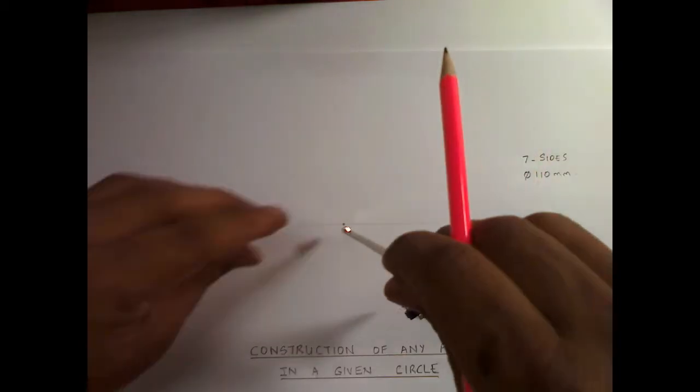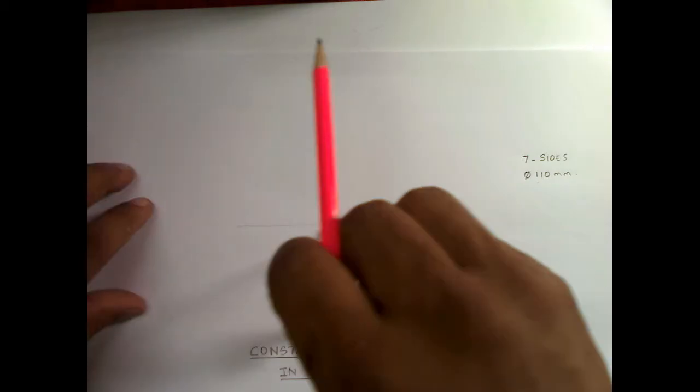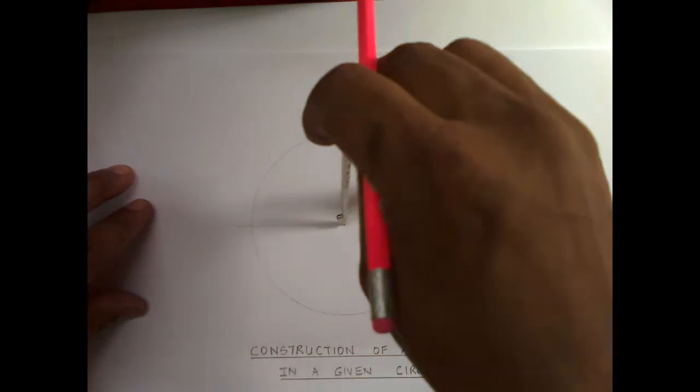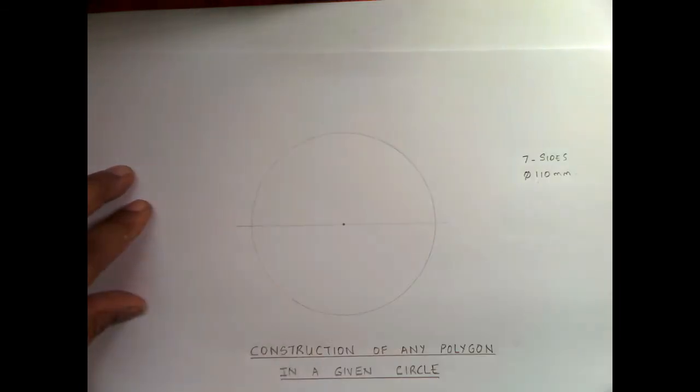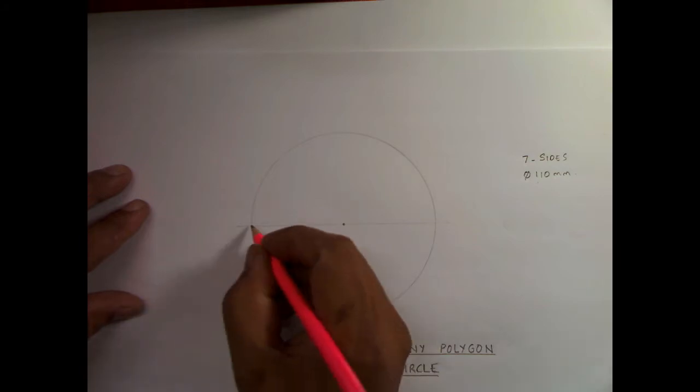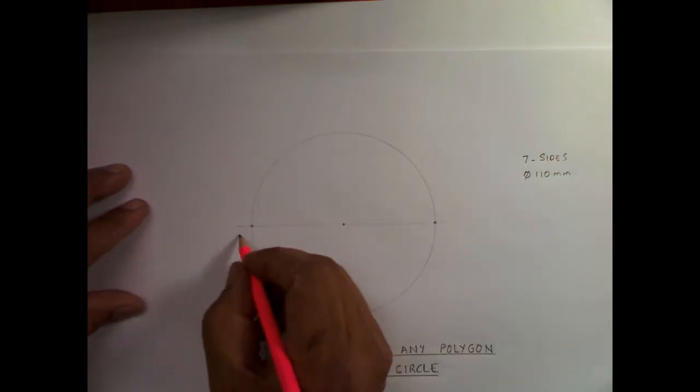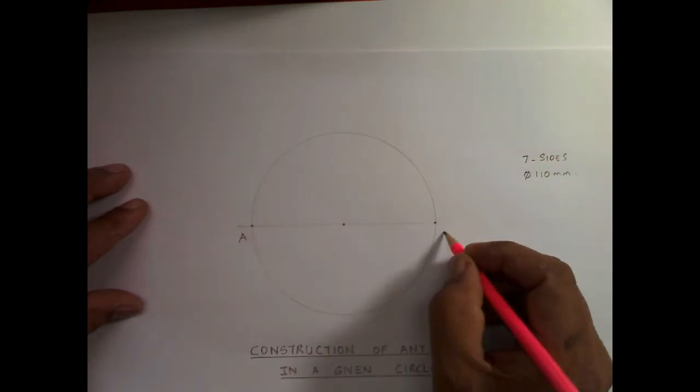And you draw your circle. Label both ends of the diameter A, B.